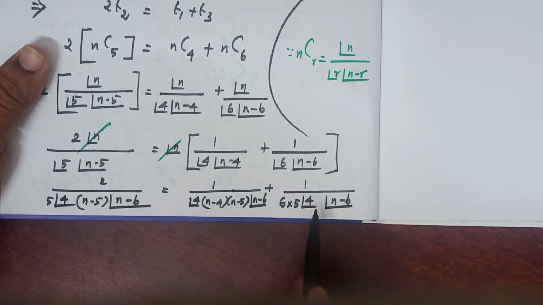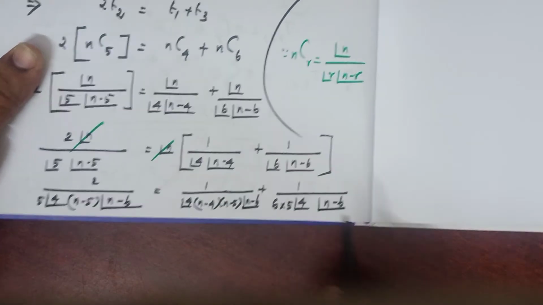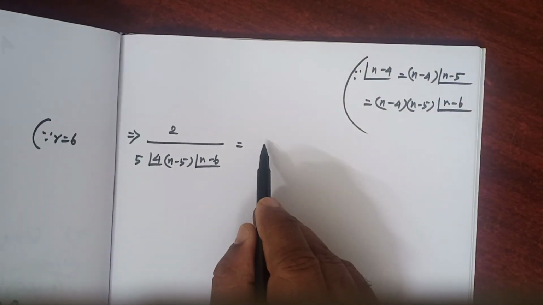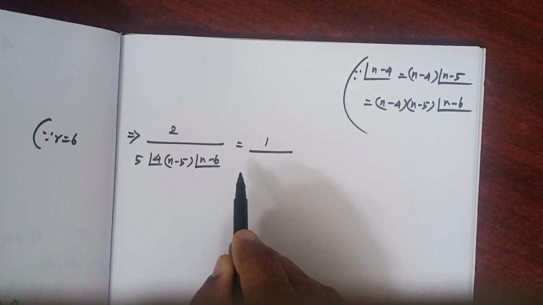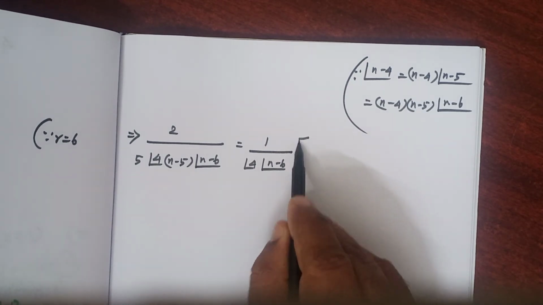The right hand side, particularly the denominator, we have 4 factorial common, even n minus 6 factorial common. So 1 divided by 4 factorial into n minus 6 factorial.